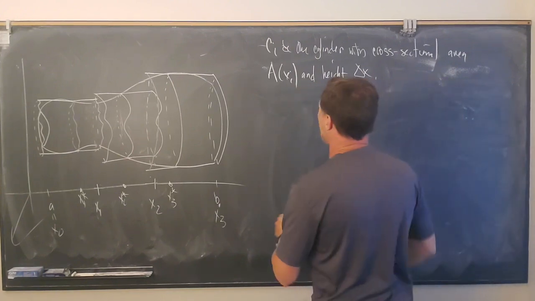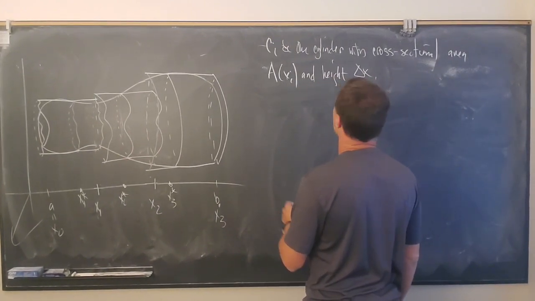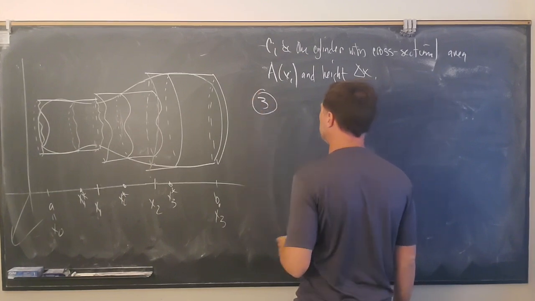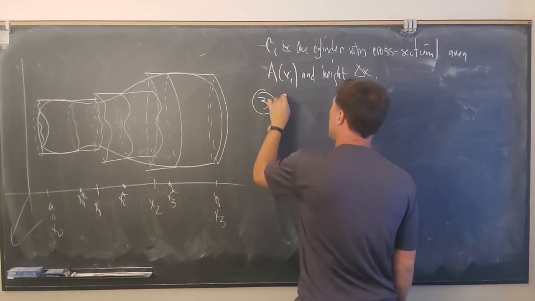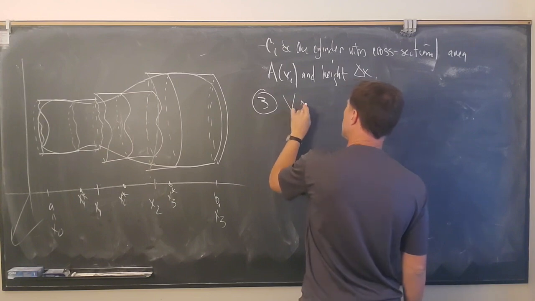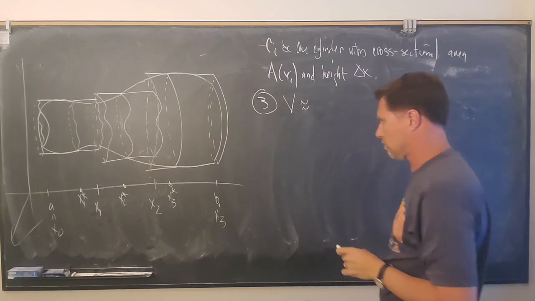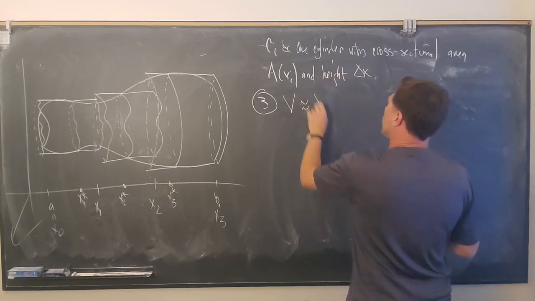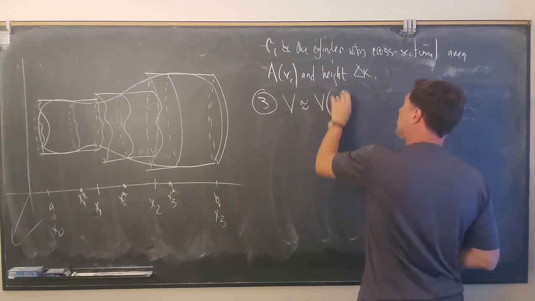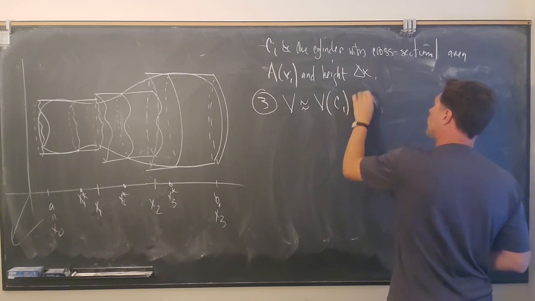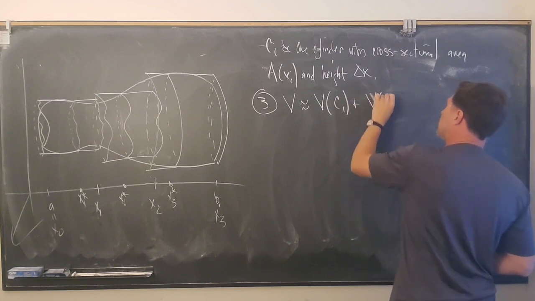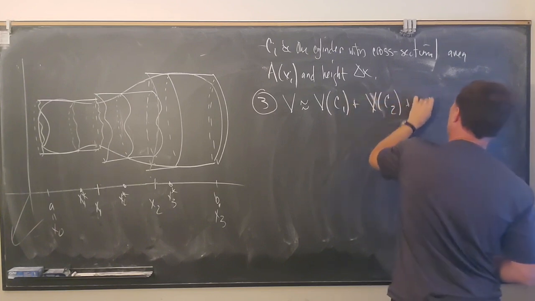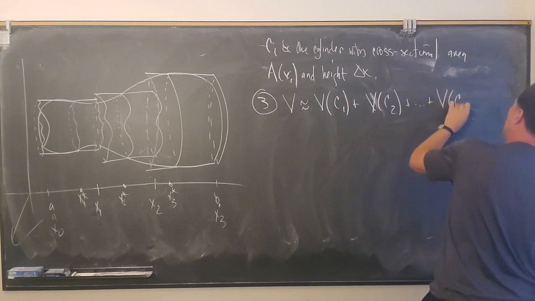So we can say it this way, so this I guess would be step 3. The volume is approximately equal to the sum of the volumes of each of these cylinders. So it'd be V of C1 plus V of C2 plus ... plus V of C sub n.